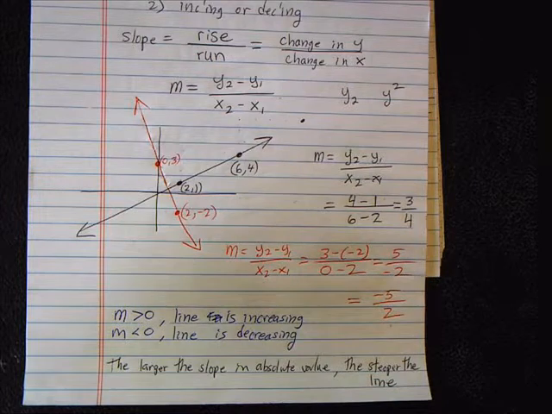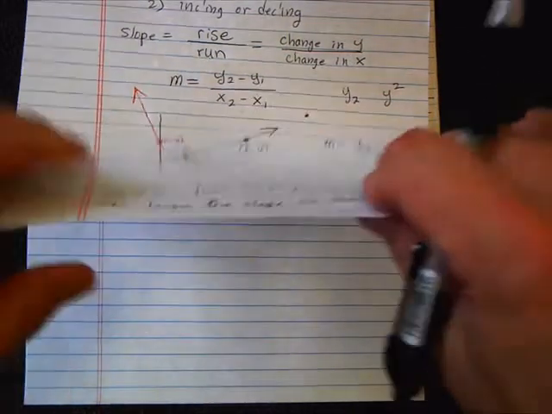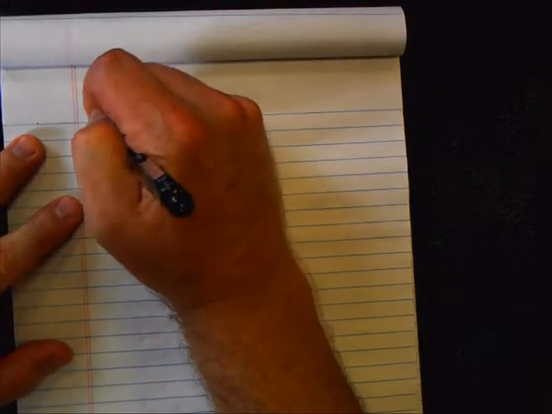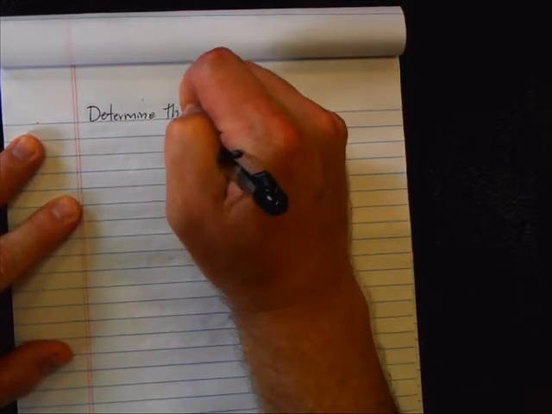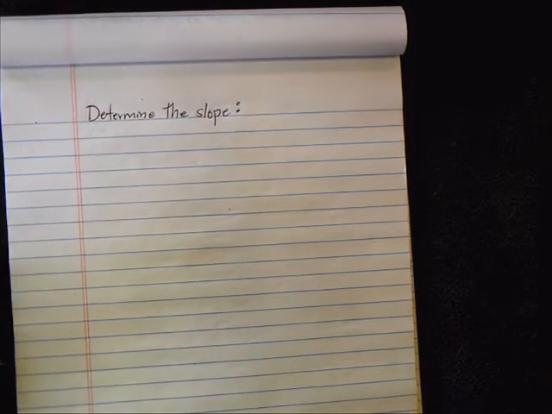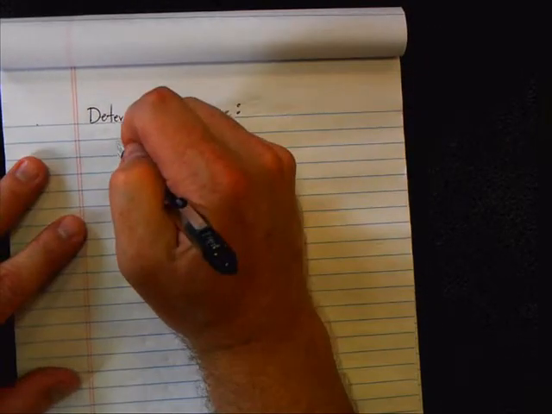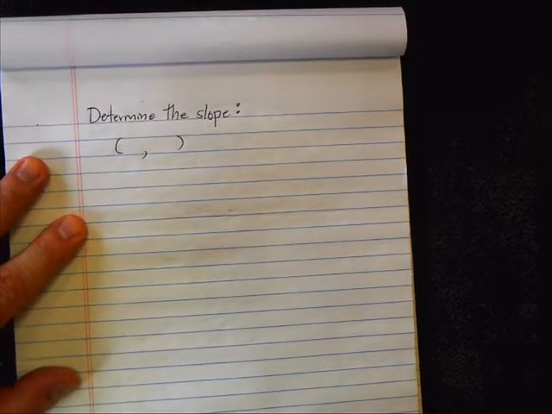In order to find the slope, do I need to give you a graph? No? All I can give you is the 2 points? All right. So all I really need to write is determine the slope. And then I'm going to give you 2 points. Somebody make up a point for me. 6, 5.